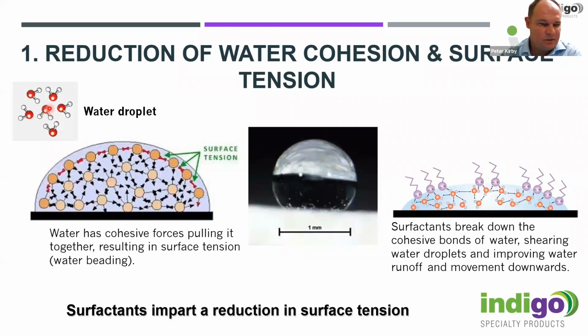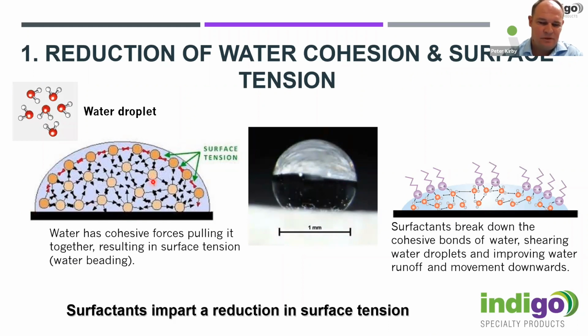The thing with water is it likes its own company, in that it's got two hydrogens extending off the oxygen. These two hydrogens bond to other oxygens. So therefore we get all this surface tension, or cohesive forces, pulling water droplets together.